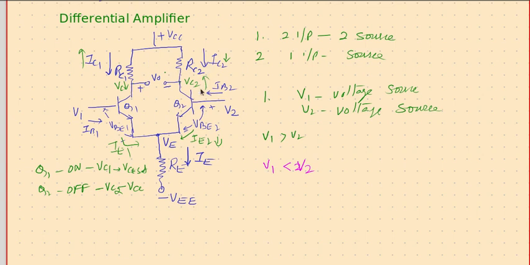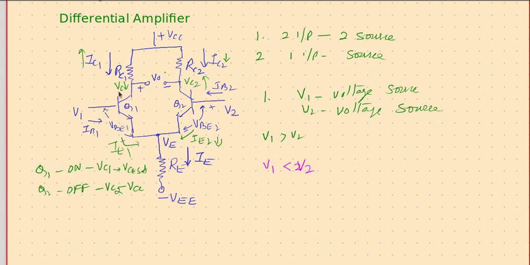then because V2 is more, IB2 will be more, IC2 will be more, IE2 will be more, which will force IE1 to reduce. IE1 reduction means IC1 reduction. IC1 reduction means this voltage will increase. IC2 increase means this voltage will decrease, and IE2 will increase.